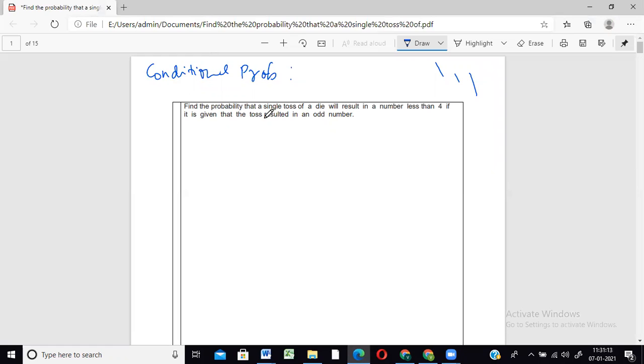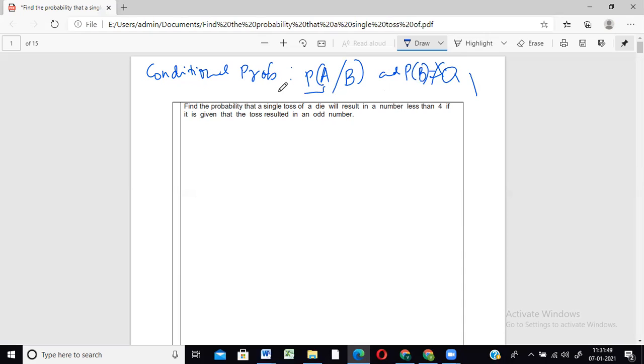If you have two events, say A and B, and a sample space S, with the two events A and B associated with the sample space, then the probability of occurrence of event A under the condition that B has already occurred, and also the probability of B is not equal to 0, is called conditional probability.